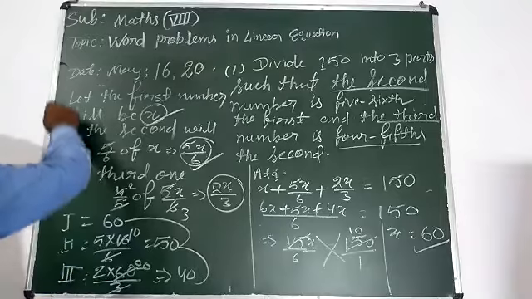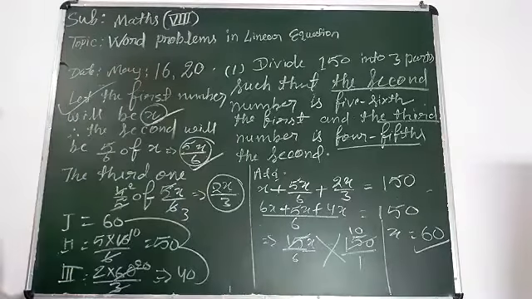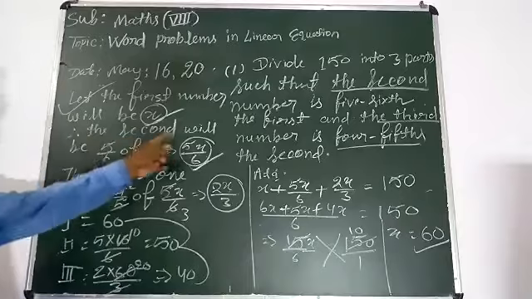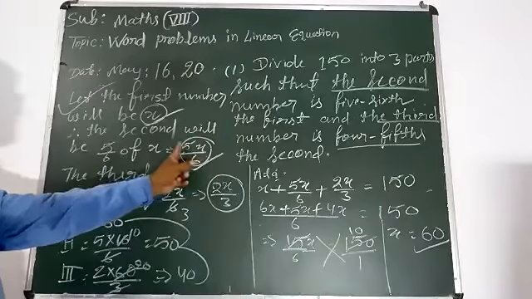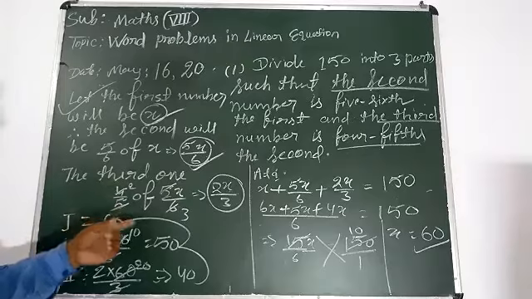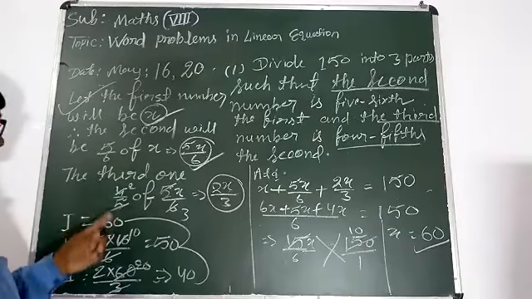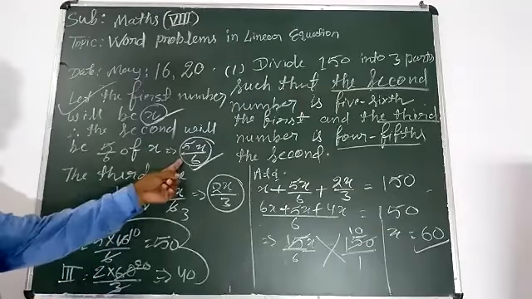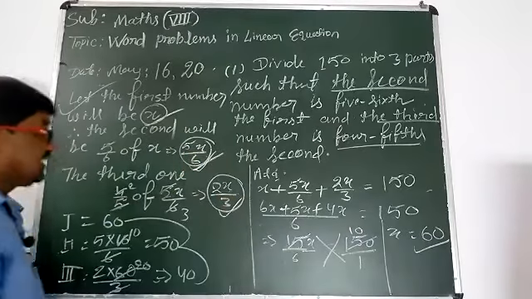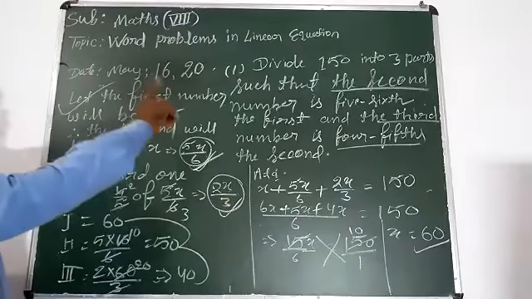After starting the sum from the first number, taking help from a variable, first will be x, then the second will be according to the condition, 5/6 of x. Then the third number, 4/5 of the second. In this way, we have three numbers, but the condition is dividing 150.